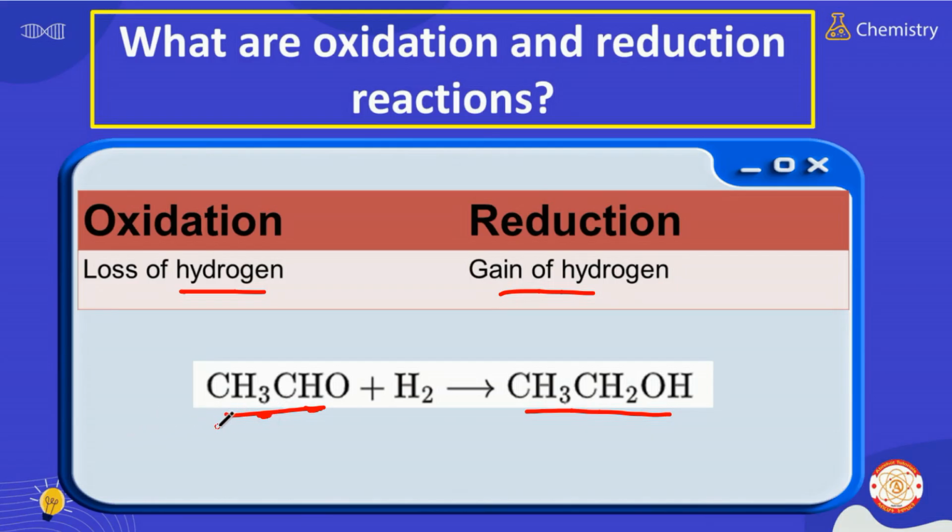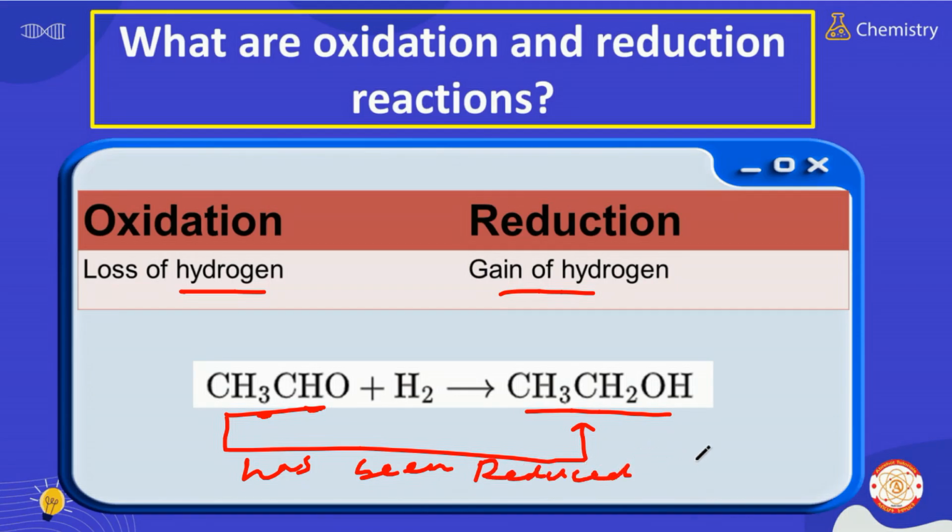So this carbon has increased in the number of hydrogen atoms. Therefore, we say that this carbon has been what? Because it has gained hydrogen atoms, it has been reduced. So this is another definition of oxidation and reduction.